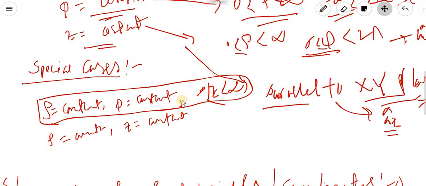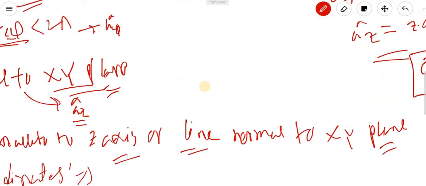So if rho is constant and phi is constant, we get a straight line.